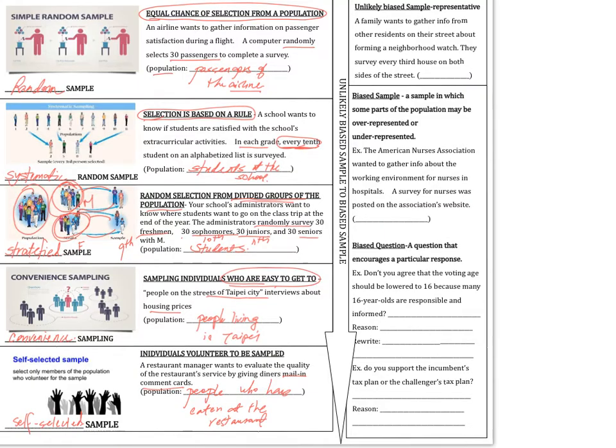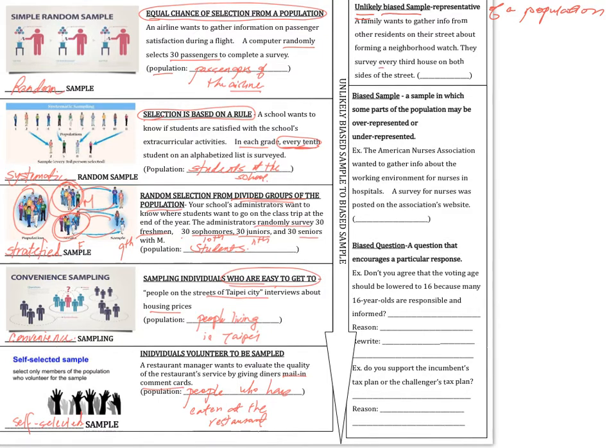We're going to take a look at more vocab terms here. There's something called the biased sample, but I'm going to begin with talking about a sample that's unlikely to be biased, meaning it's representative of a population. So for example, a family wants to gather information about other residents on their street, about forming a neighborhood watch.